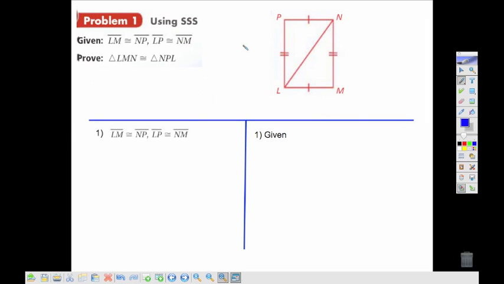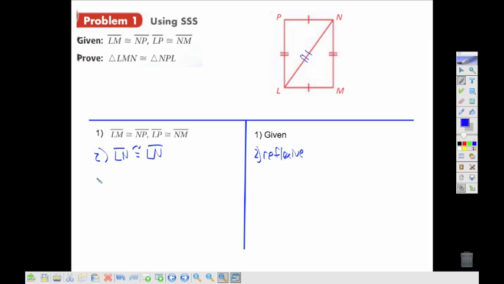So if we're going to use the side, side, side in a proof, it might look like this, where they give us a couple pairs. Now, notice they did not give us this part here, but we can mark that because it's shared. So using the reflexive property, you notice that LN is congruent to itself.